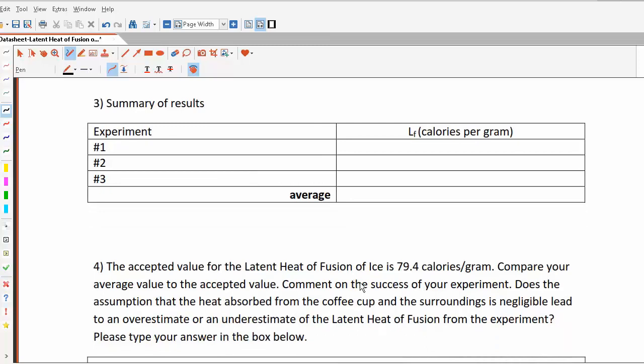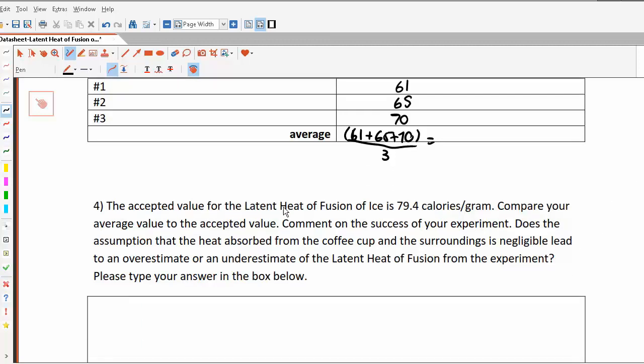Once you have done that, please summarize your results and calculate the average of your results here. The average is equal to the sum. So in my case that would be 61 plus 65 plus 70. Add those together and divide by the number of data points, which is 3.